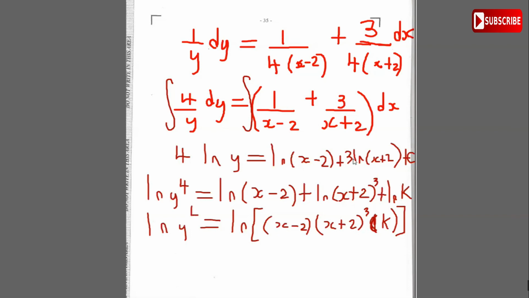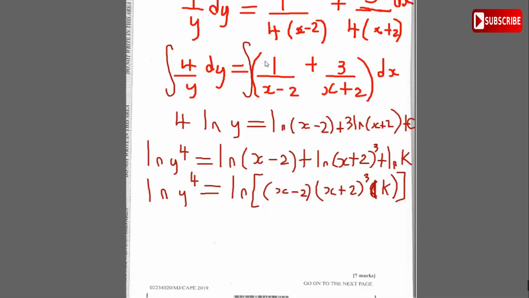Now the logs cancel, and so the logs cancel to leave that y to the 4 is equal to x minus 2 times x plus 2 cubed times some constant k. Let's put the constant in front.